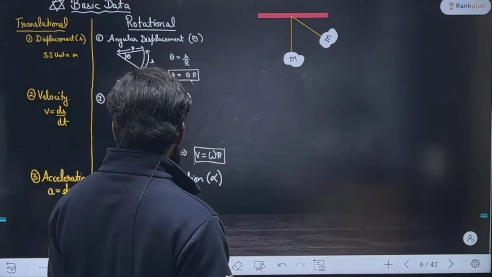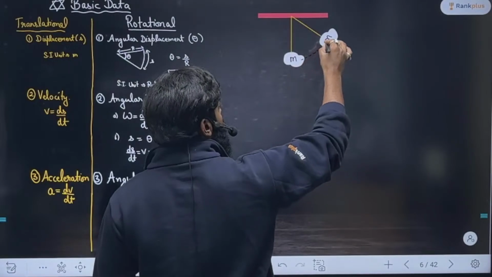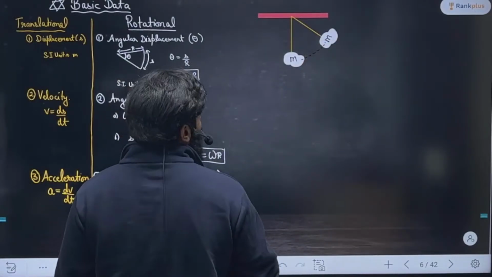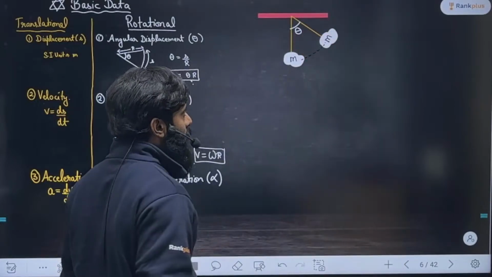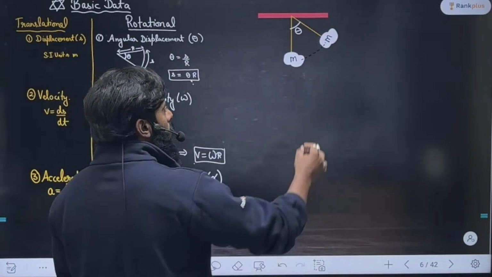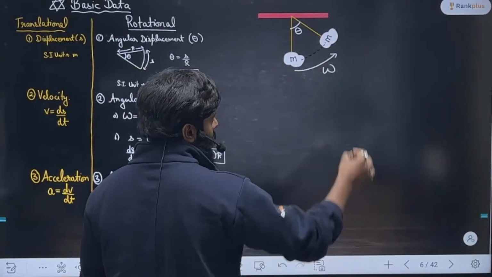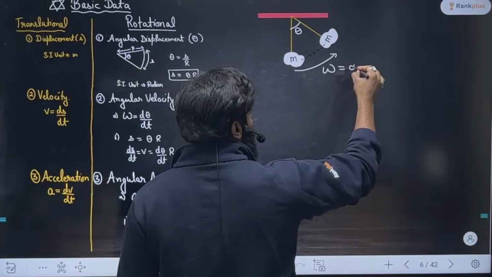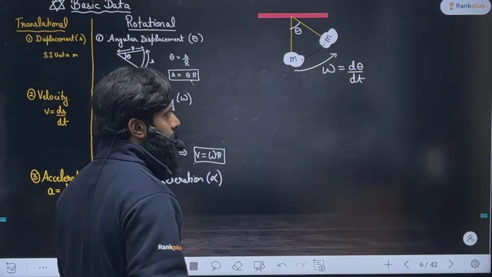Okay, now what will happen here if I have moved this object by an angle theta, right? The velocity with which it's going, we have to take as omega. Omega will be equal to d theta by dt, or you could easily replace it by theta by t.